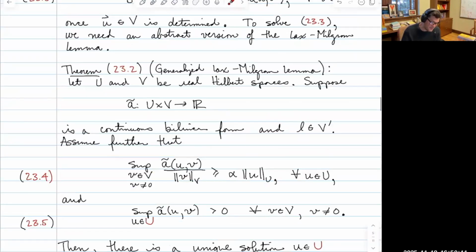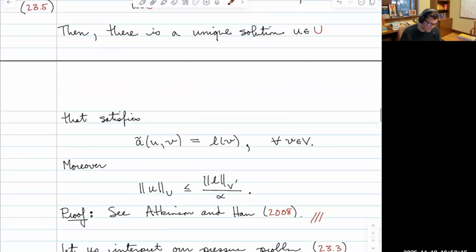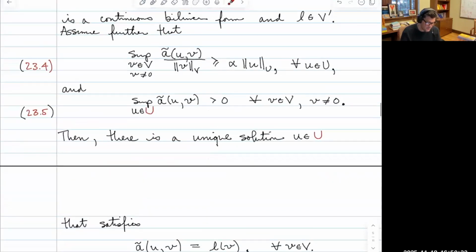In fact, we can use this generalized Lax-Milgram lemma to prove exactly that. Moreover, once we have a solution guaranteed, we can show that the U norm of U is less than or equal to the operator norm of that bounded linear functional L divided by the alpha that comes from the Inf-Sup condition here.